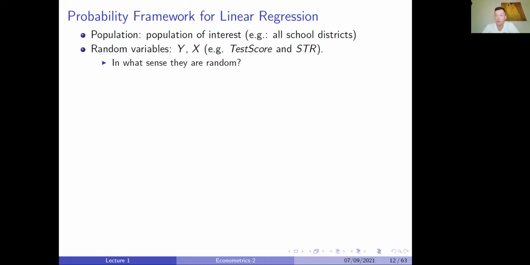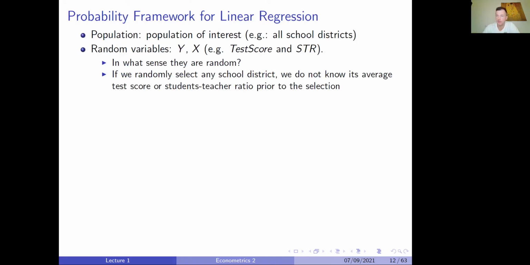The average test score is influenced by many factors. Why do we call these variables random? Because if we randomly select any school district, we cannot predict with certainty what this value is going to be. This is the most important thing to understand.